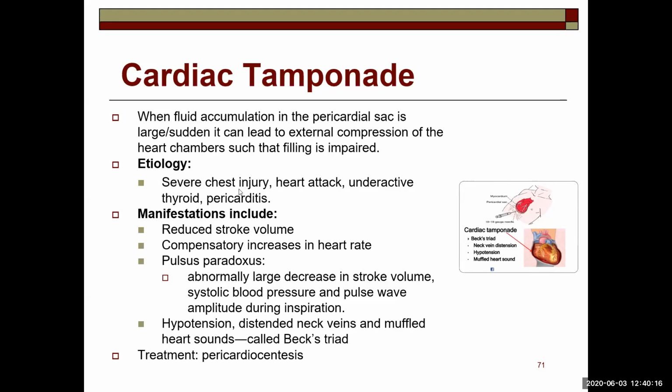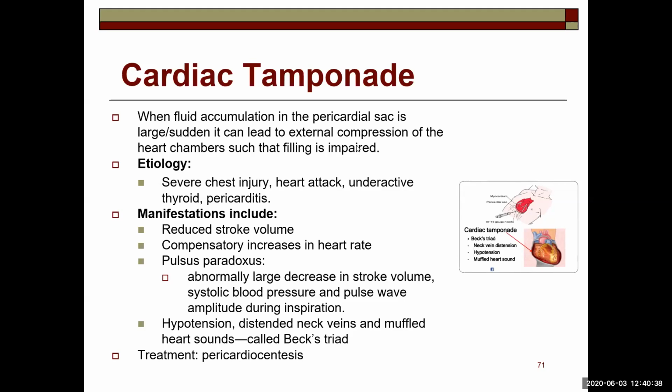So severe chest injury, heart attacks, underactive thyroid could be some of the causes of cardiac tamponade. Cardiac tamponade is basically that accumulation of fluid that can lead to compression of the heart.